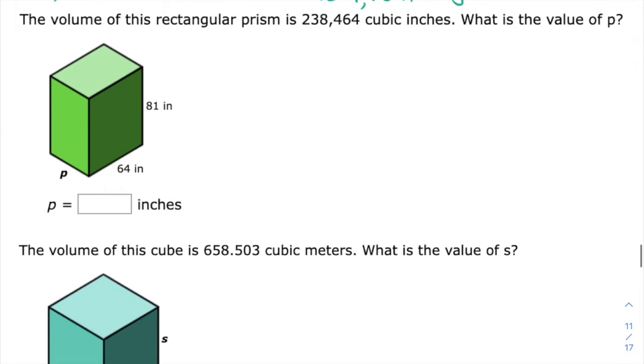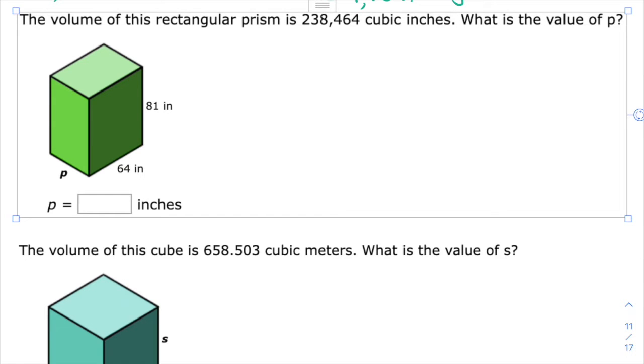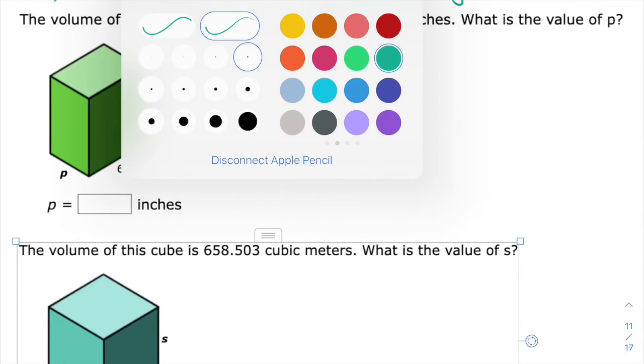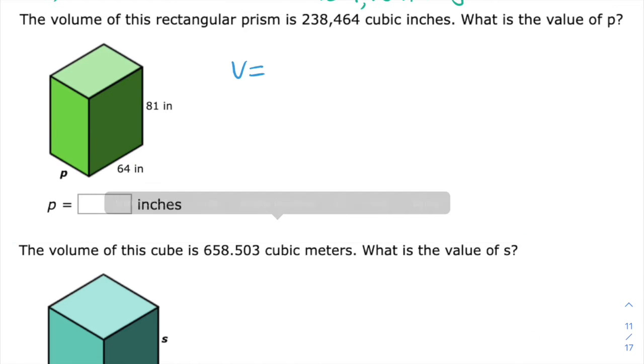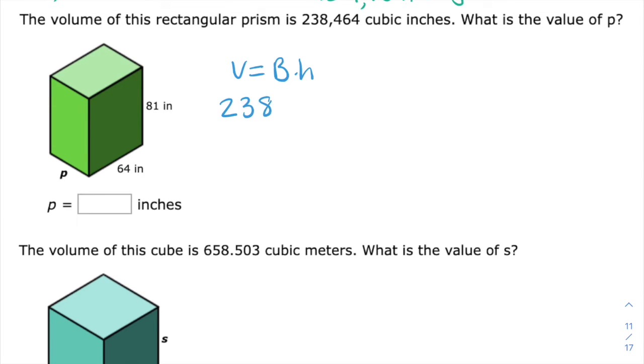These are now working backwards ones. So you're given the volume, and you're working backwards to find what a height or a length might be. So in this case, volume is base times height of a prism. So it looks like my volume was given to me as 238,464.